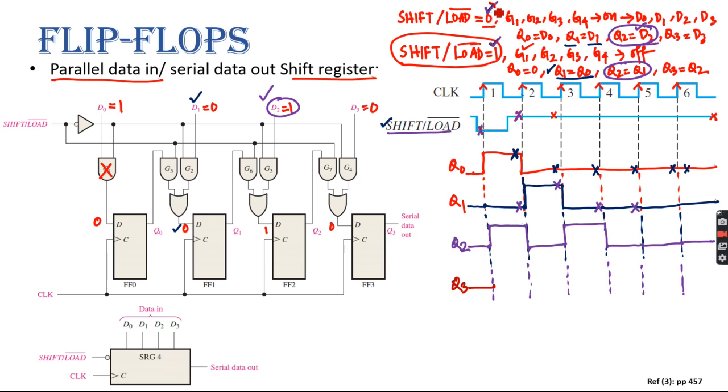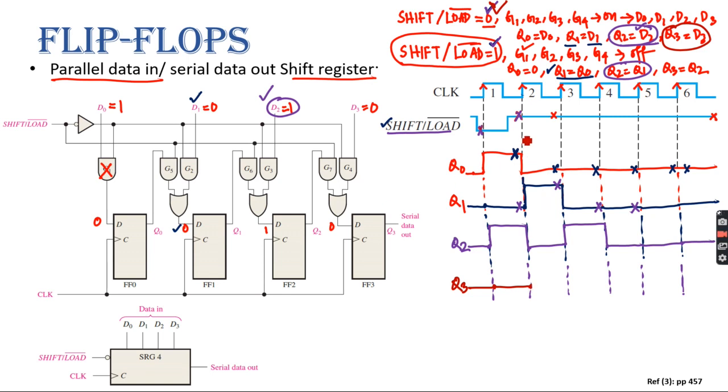When this value is 0, what will be my Q3? Q3 will follow D3. So what is the value of D3? 0, right? So it will continue to be 0 until it gets the next positive edge.